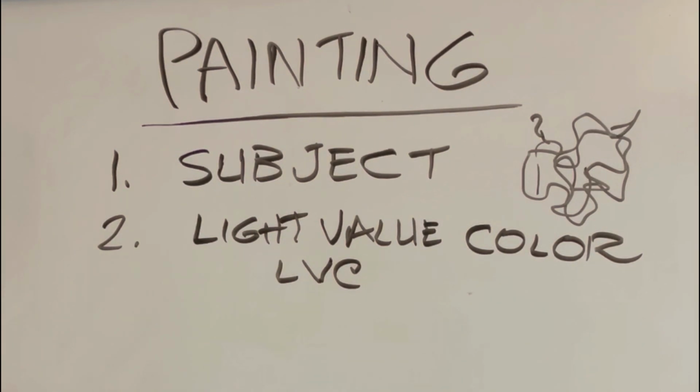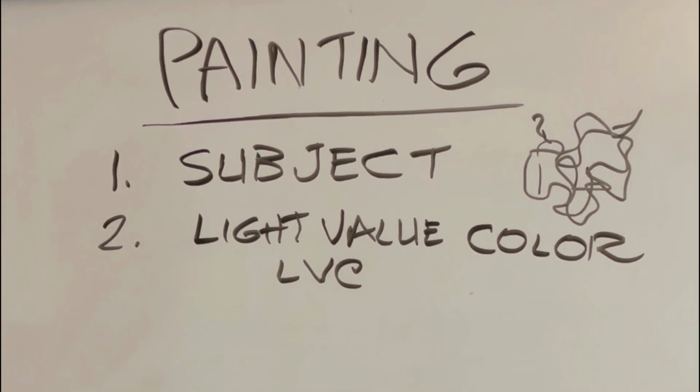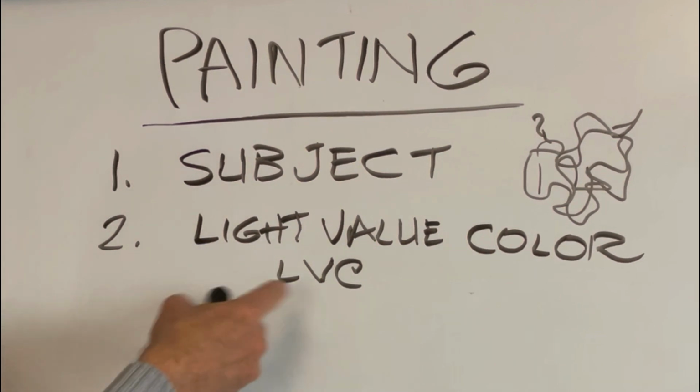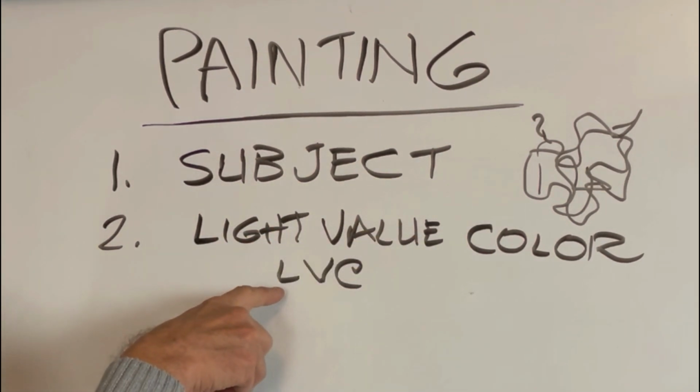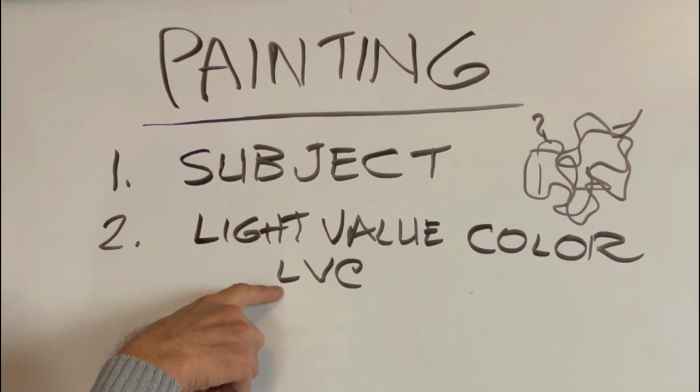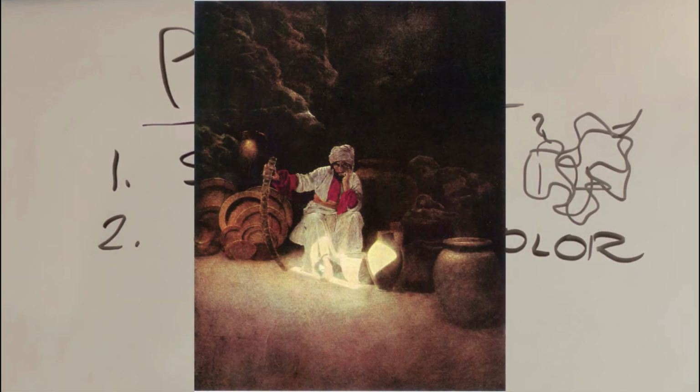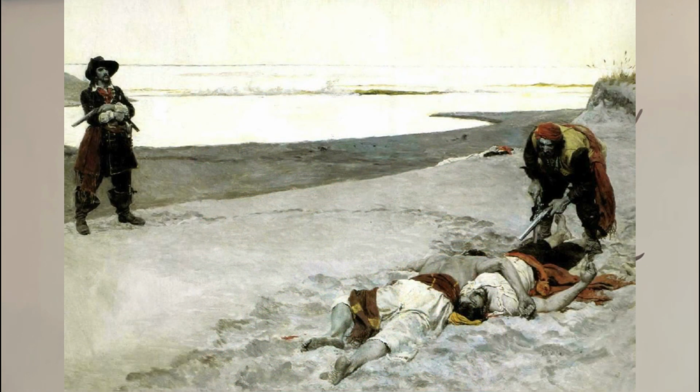Now I can show examples of paintings that utilize this. For example, first, here's a painting which is based on light, and you can see that there are elements of value, elements of color, but they are downplayed, and the effect of light is the most prominent. Here is an example of a painting based on value, where again the other two elements, light and color, are present, but they are secondary.